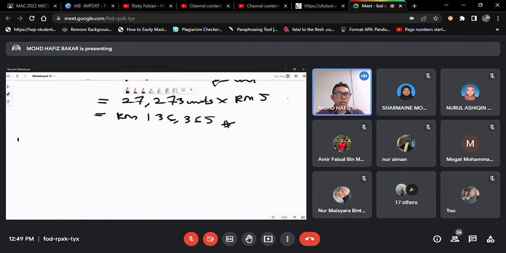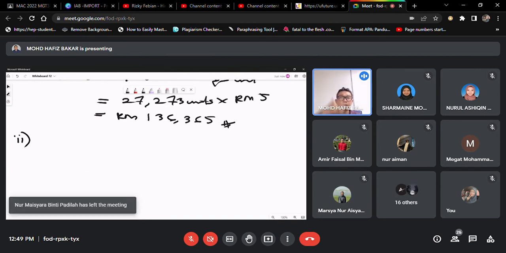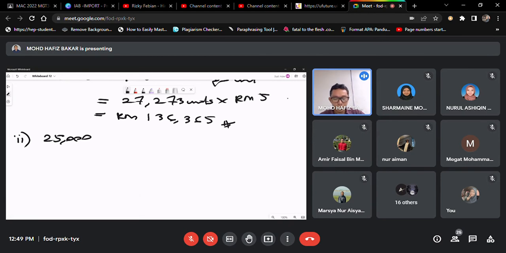Okay, second question. What will be the firm profit or loss if the firm total production and sales is 25,000 units per annum? So dia dapat jual 25,000 units kan. Okay, so what is the operating profit or loss?